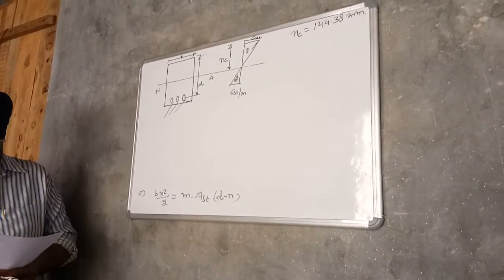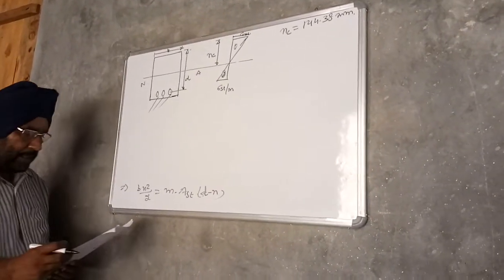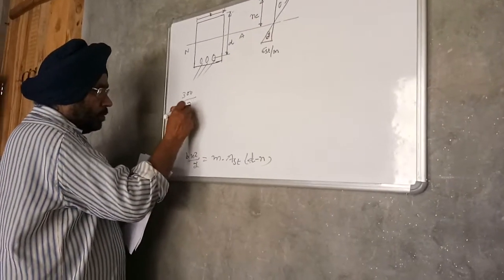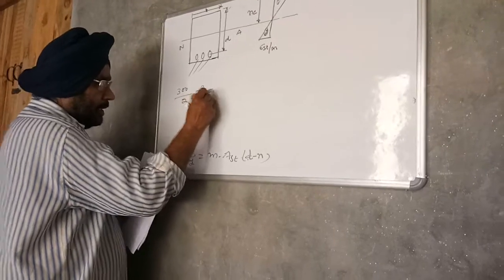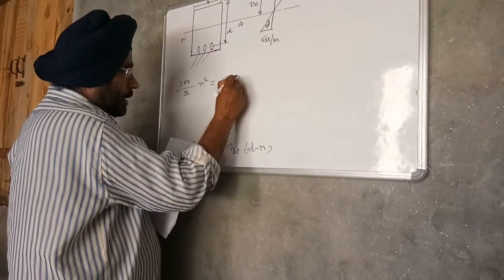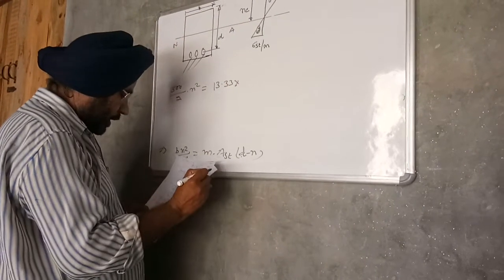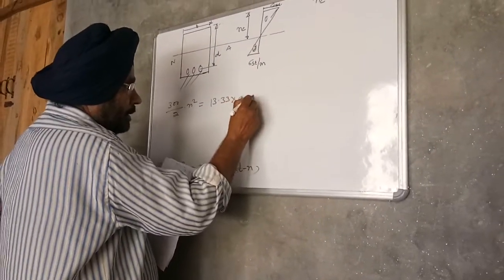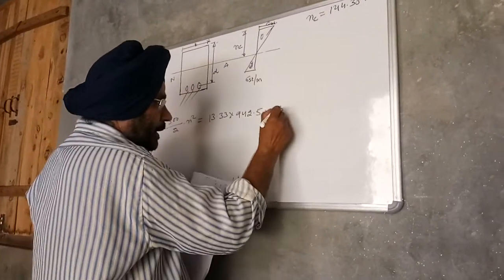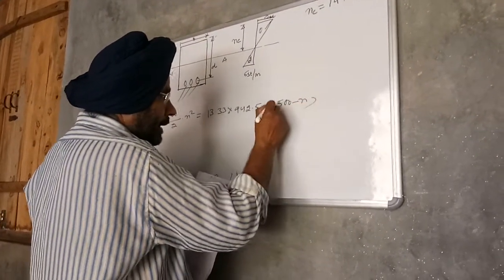The value of b is given to us, 300. 0.2 into n square. Modular ratio is 13.33, cross sectional area of the steel is 942.5, and d minus n, d effective depth 500 minus n.